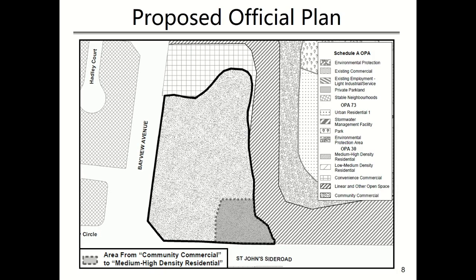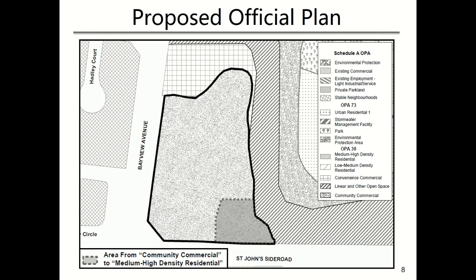The applicant is seeking an official plan amendment to redesignate the southeast portion of the property from community commercial to medium to high density residential as seen on this slide. This requires an amendment to Schedule AA of OPA 30 and Schedule H of the Town of Aurora official plan to recognize a new site-specific policy area.